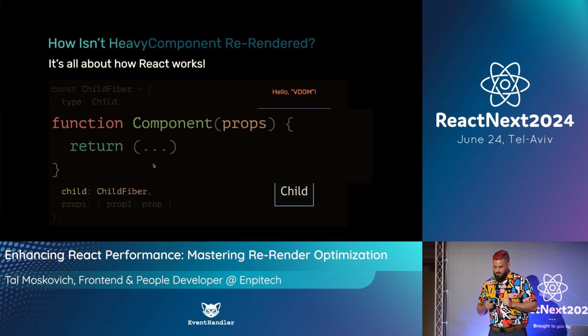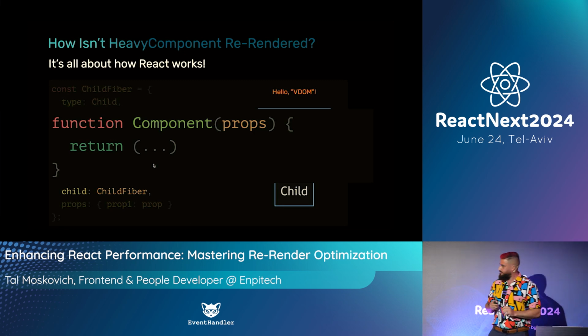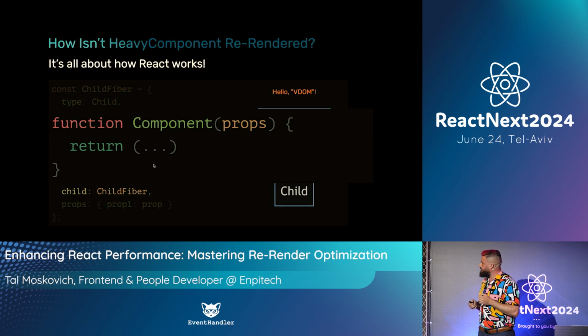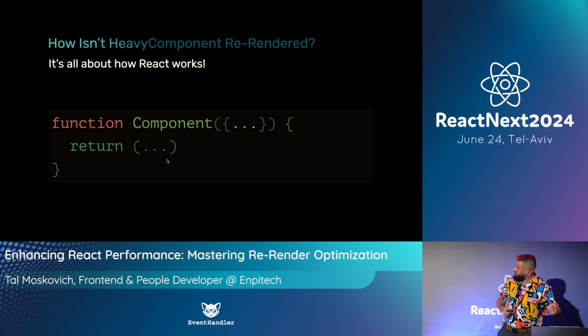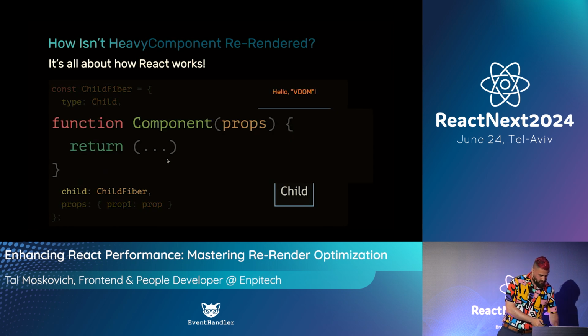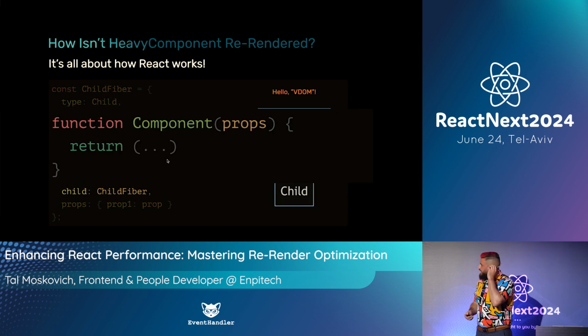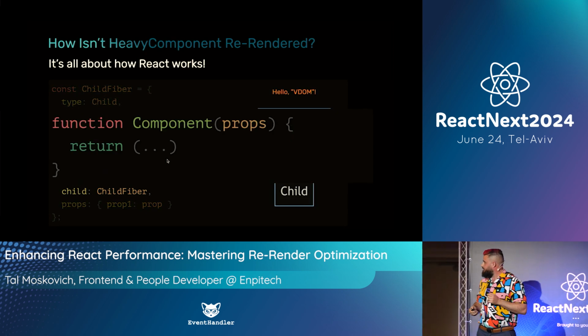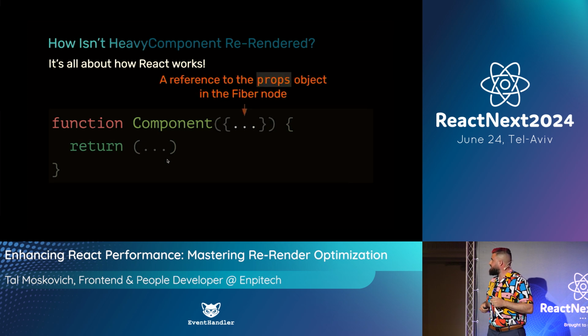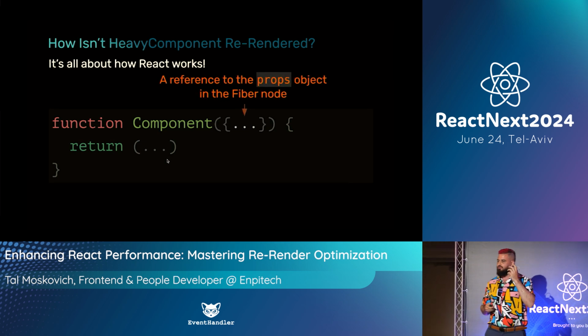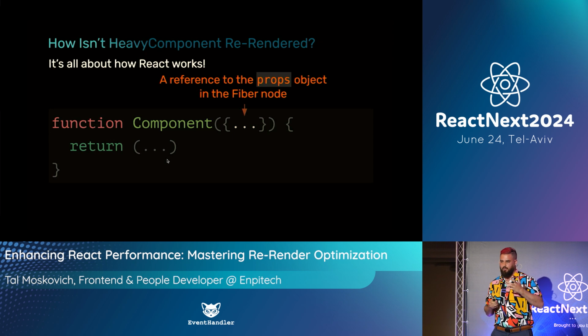Okay? And I come back here to this component, and I have a small bug here, you see. So this component has props, and actually these props are a reference to the real props object in the fiber node.